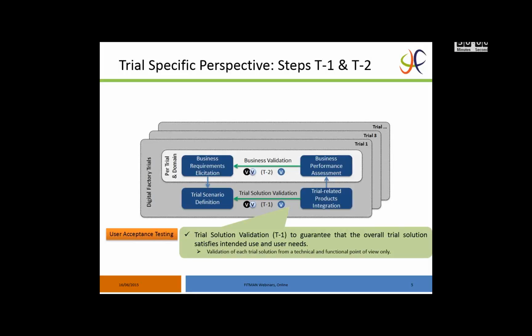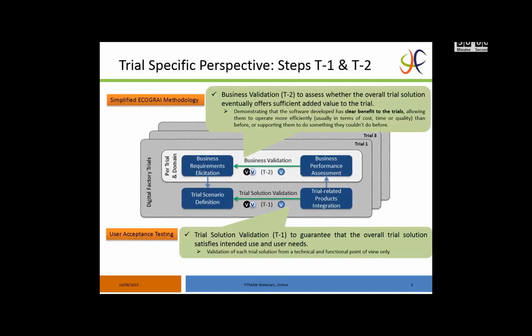The validation is performed mainly from a technical and a functional viewpoint. And in this case, the technique that is recommended from our side to be adopted is user acceptance testing. If you go back to our results, there are many more techniques that could be alternatively adopted in this step as well.